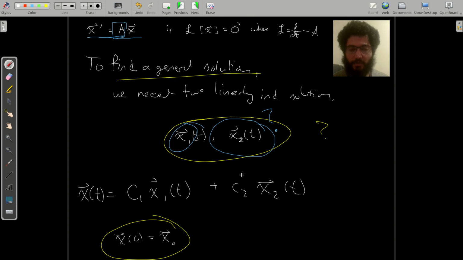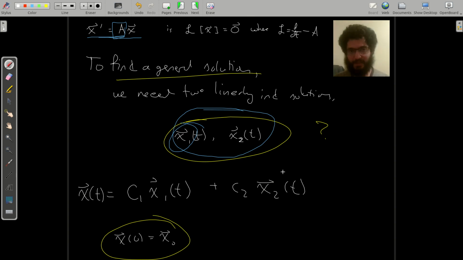But mainly what I want to focus on to begin with are the typical situations, where you do get a full set of linearly independent eigenvectors for your matrix. And that leads you to a full set of linearly independent solutions.